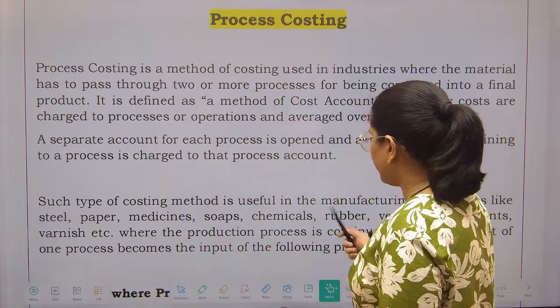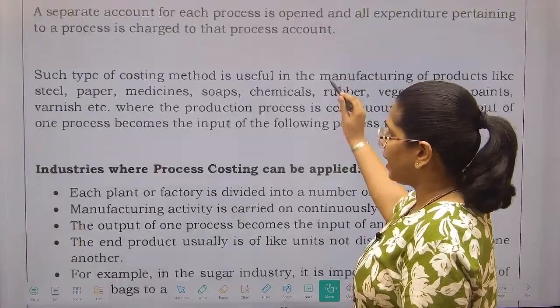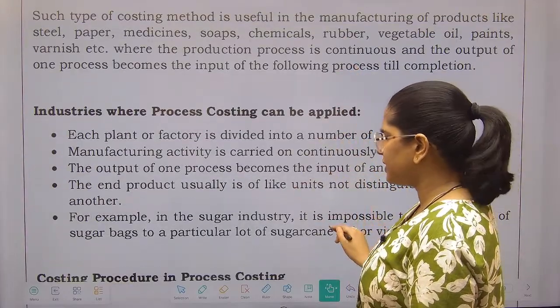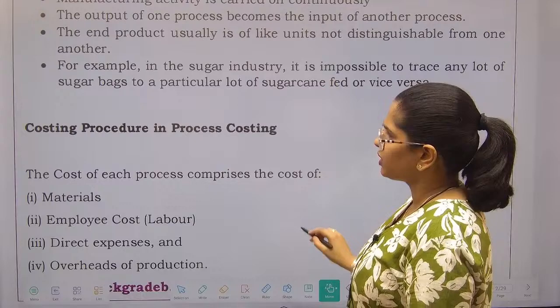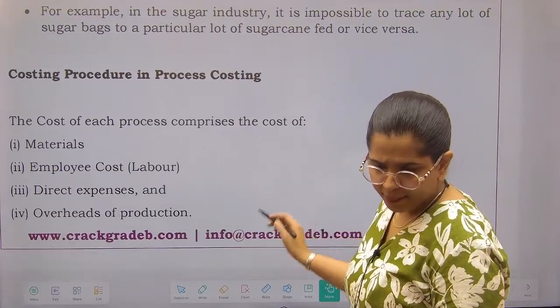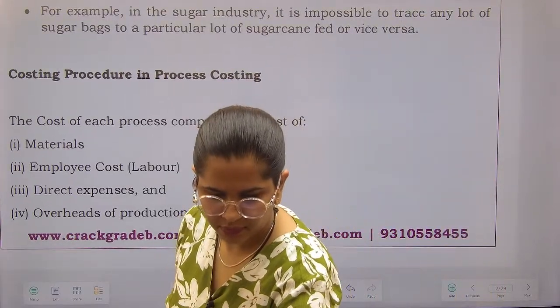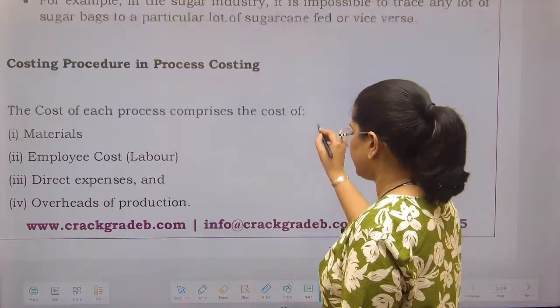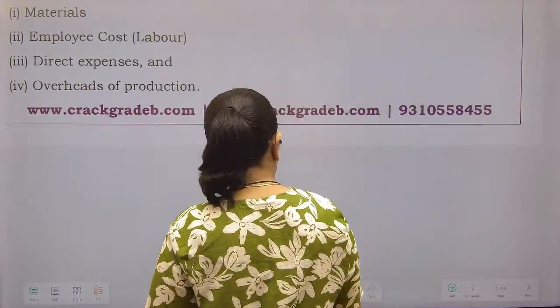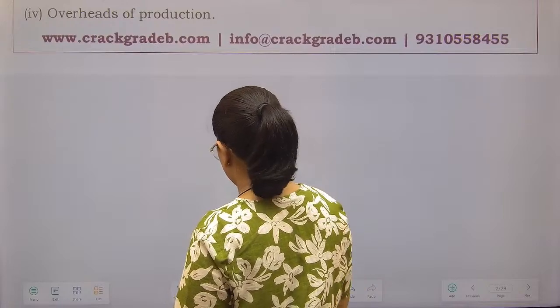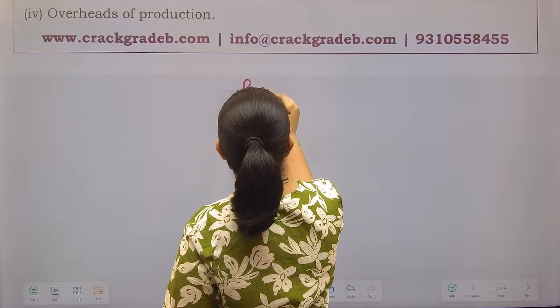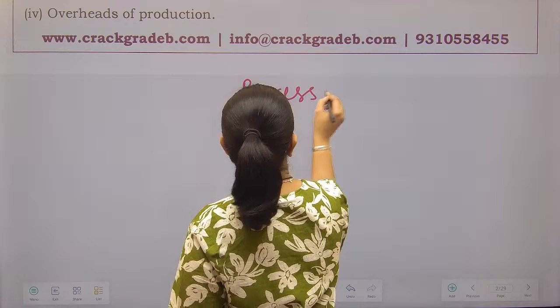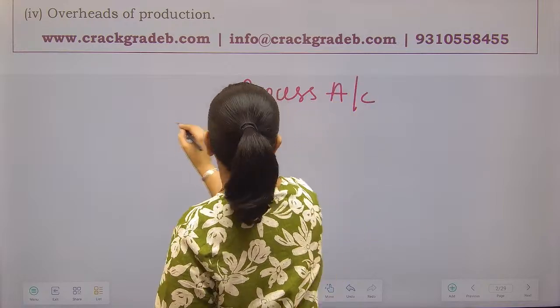Process costing में number one thing, let's see the format how we do. See, all of this thing you already understand. ठीक है कि costing में क्या procedure होता है, but see this. Whenever we talk about the process costing, we need to create a particular statement, right? And we create a process account.